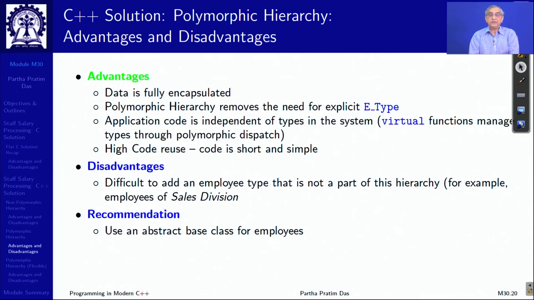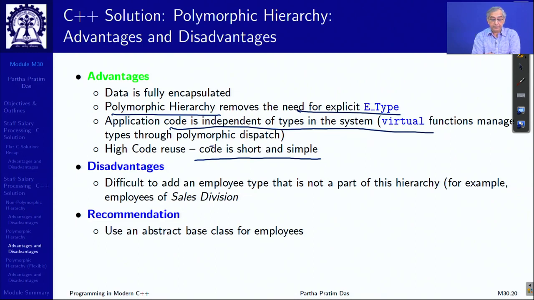We have to assess ourselves for further refinement. Naturally, in terms of advantages, what gets added is the polymorphic hierarchy, which removes the explicit use of E type. Application code for independent types is not needed, the virtual function takes care of it, substantial code reuse and code shortening.